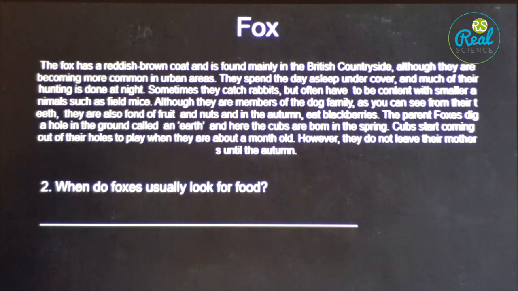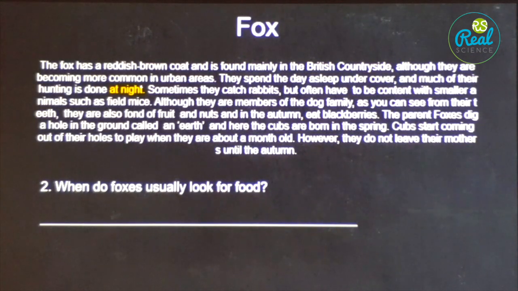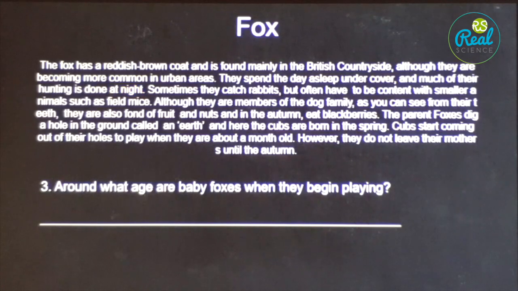At night. Yes, at night is the correct answer. What does the word hunting mean? Guys, here do not give full answers like "they look for food at night" or "they hunt at night." You have to give a direct answer because you have to write how many words in this type? No more than four words. Yes.